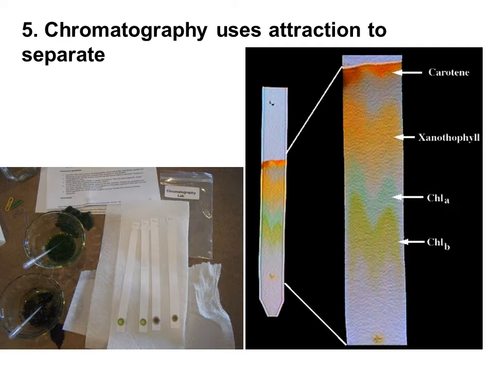If you notice in this image to the right, chlorophyll B has the strongest affinity to the paper, whereas keratin has the least affinity to the paper. So this helps to separate out the different components that are in that chlorophyll or green extract that you achieved from squishing, grinding, pulverizing your spinach leaf.